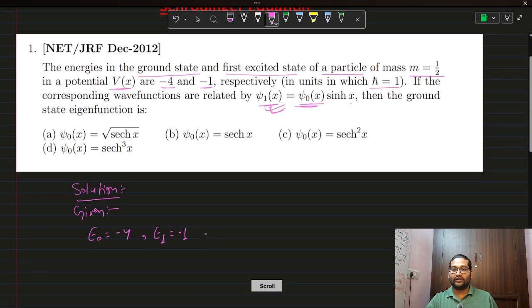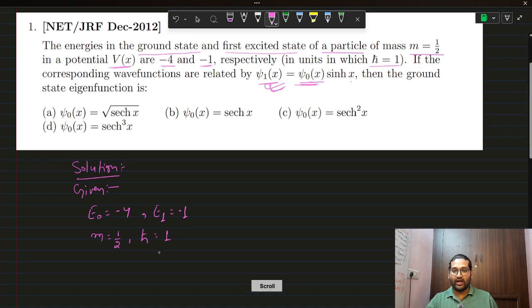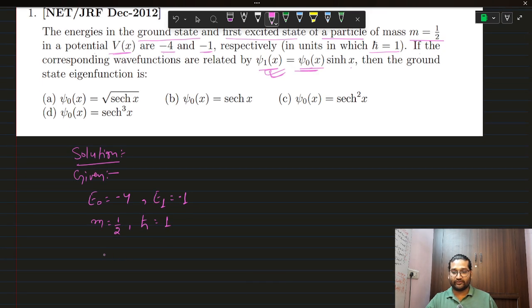Then the mass m is equal to 1 by 2 and h cut is equal to 1. The relation between the wave functions is psi 1 x equal to psi naught x sine hyperbolic x.